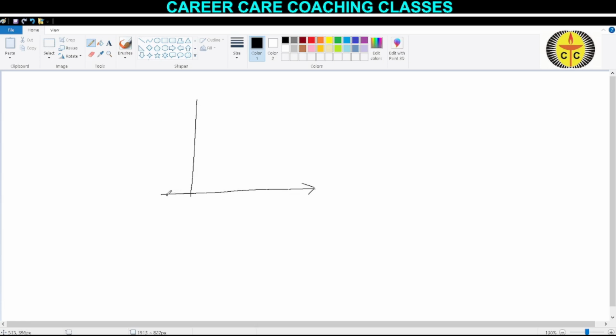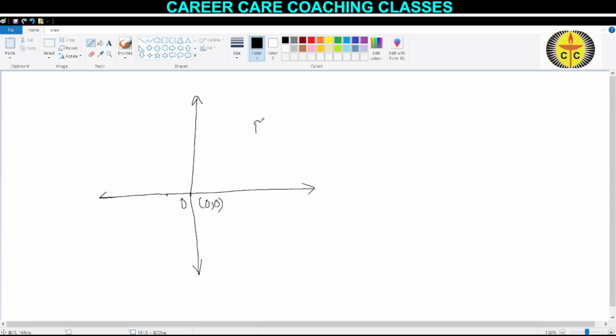Suppose this is your x-axis and this is your y-axis in a plane, and this is your origin O. So suppose there is a particle P here.